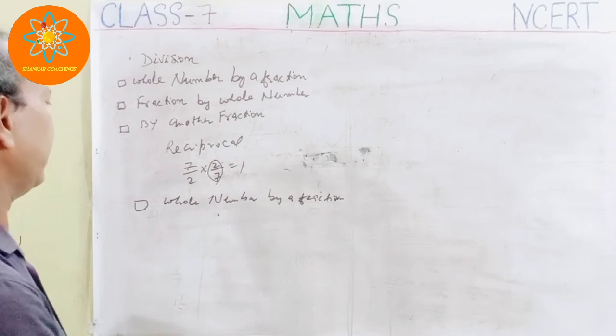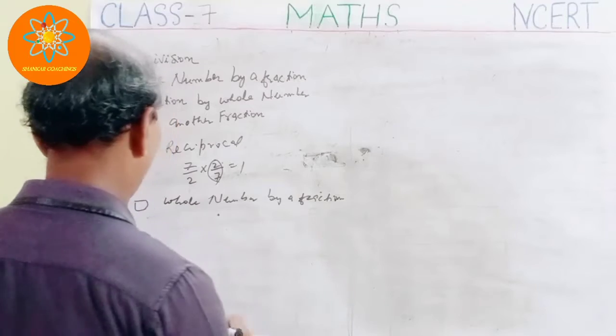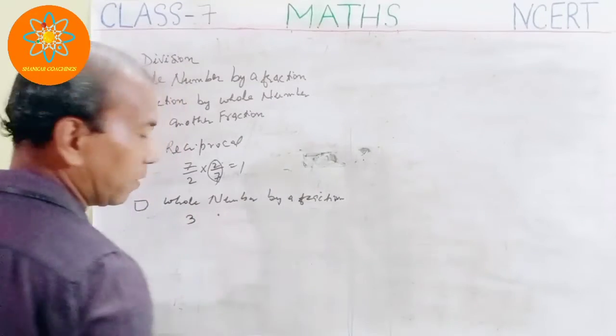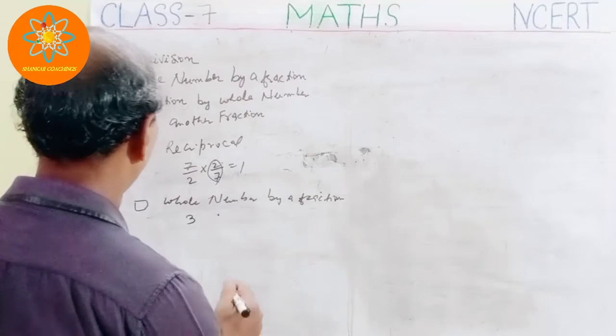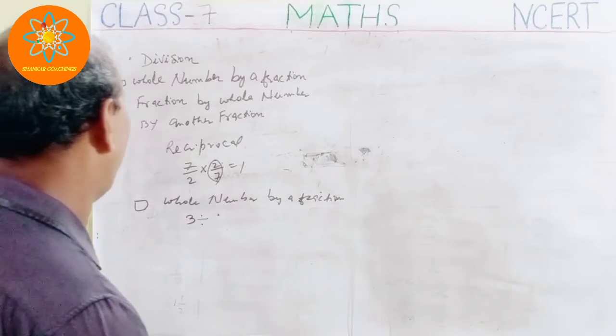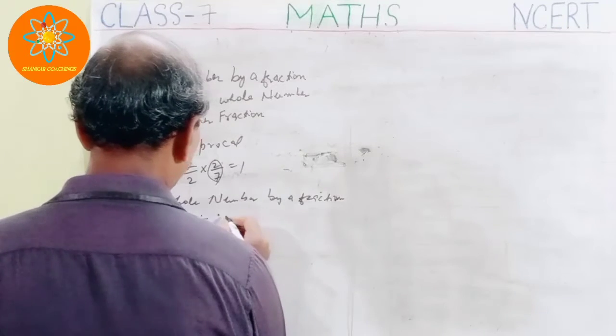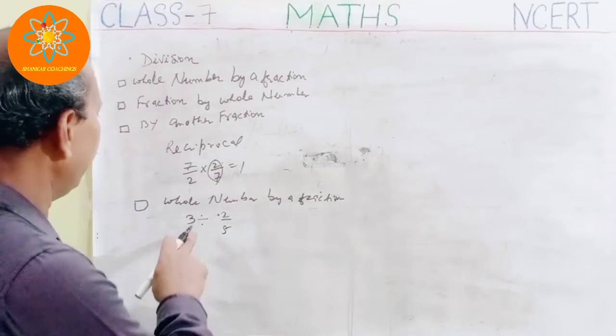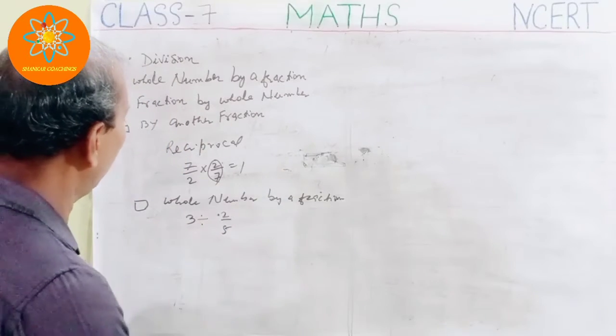Any whole number I am taking, let's suppose 3 is there, 3 is the whole number, and I am dividing this 3 by a fraction. Let's suppose 2 by 5. So I am dividing this whole number 3 by 2 by 5.